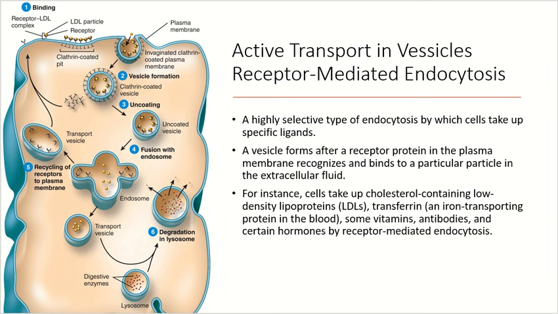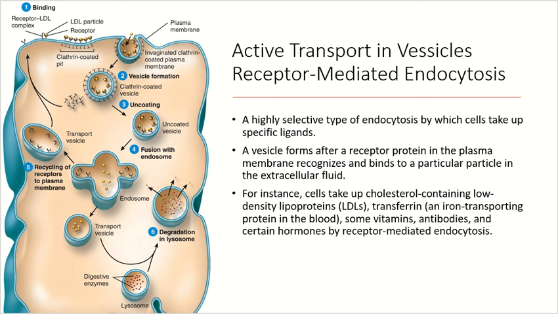Another type of active transport that we have is vesicle receptor-mediated endocytosis. This is a highly selective type of endocytosis by which cells are going to take up a specific ligand. A vesicle is going to form after a receptor protein in the plasma membrane recognizes and binds to a particular particle in the extracellular fluid.